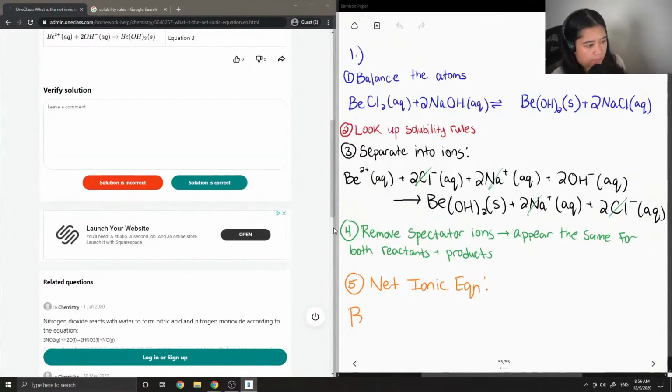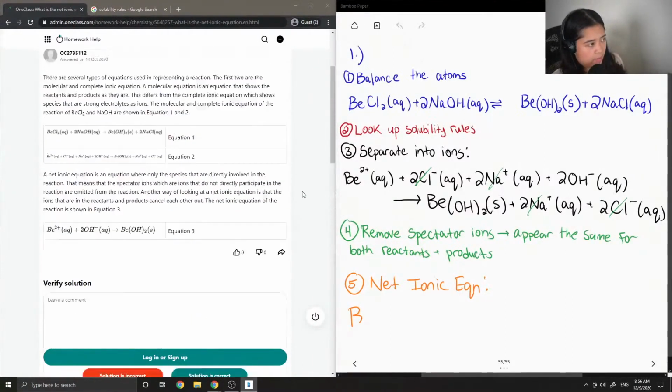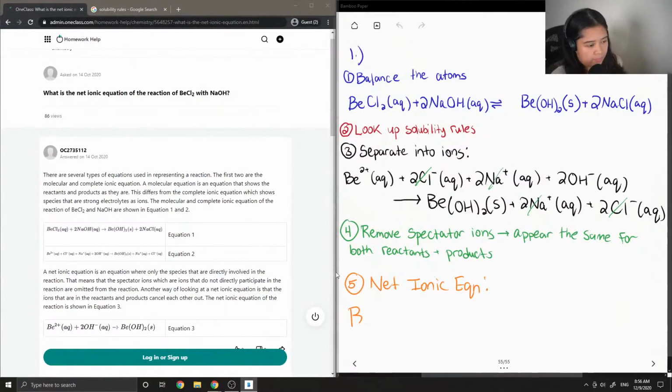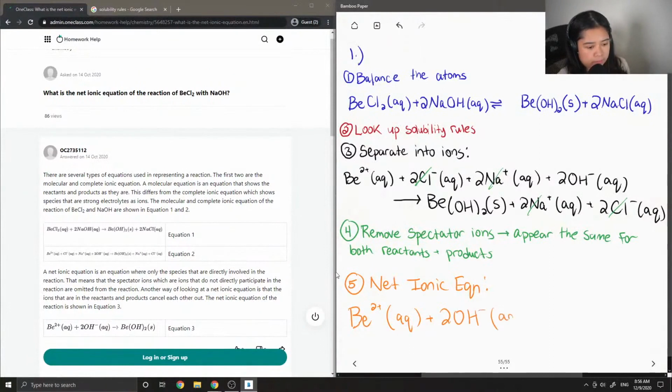Which is the Beryllium-2 plus, the 2 OH minus, making beryllium hydroxide solid.